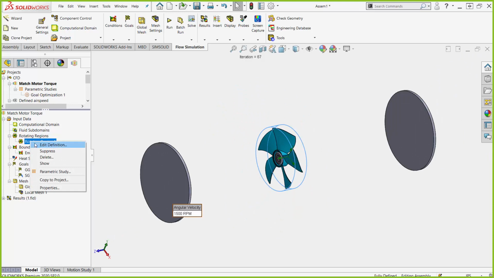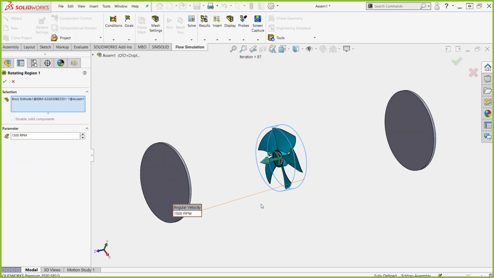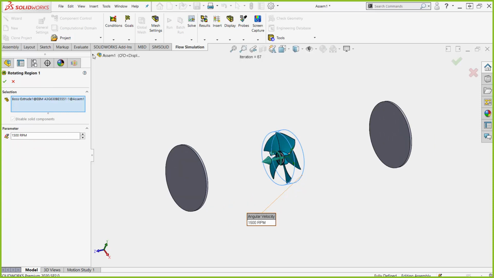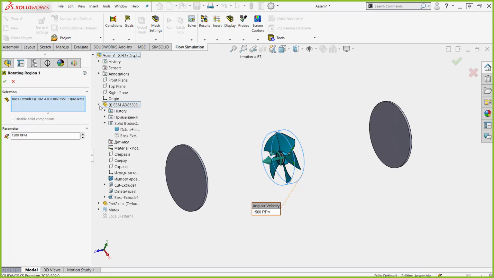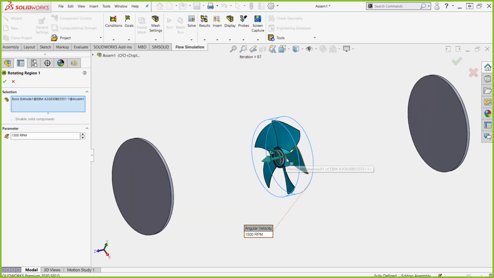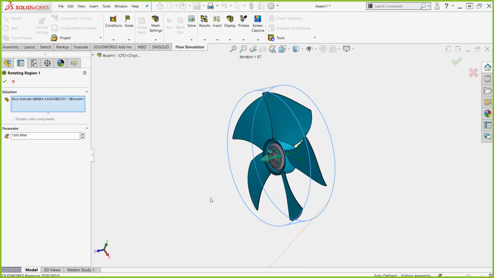Now, that's just the volume itself. When you want to select it in the rotating region, I recommend you go to your flyout tree and select the solid bodies or part files from your folders. Second, if I take a look at these green-blue arrows in the center of my rotational region, it is telling me which direction the fluid is going to rotate.